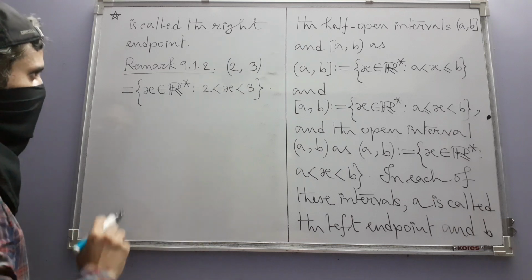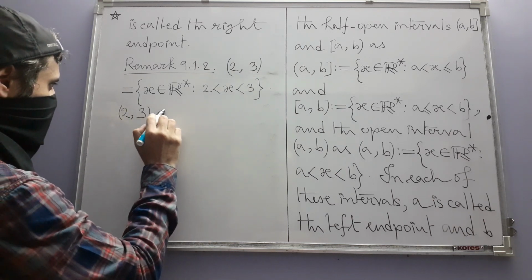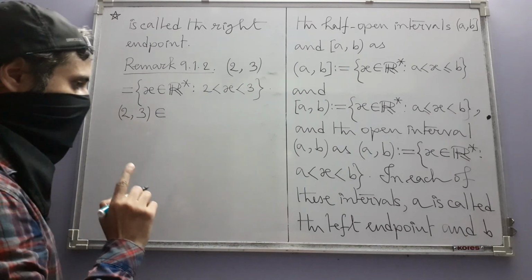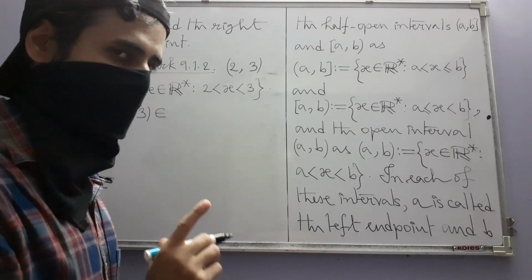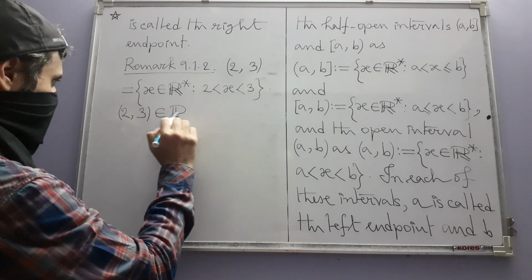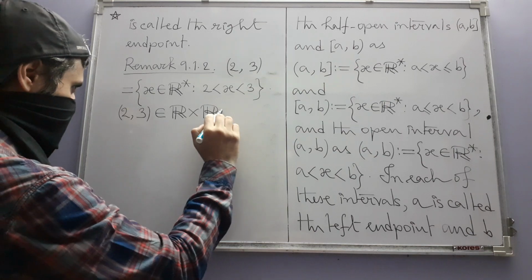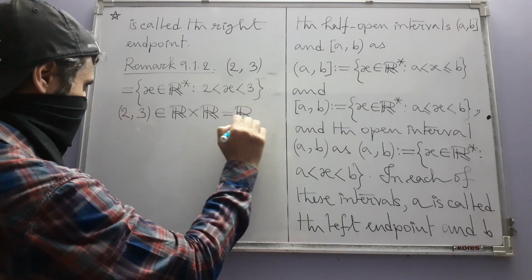But there is another meaning also. It is that this is an ordered pair of 2 real numbers. Those real numbers are 2 and 3. That is, this is an element of this Cartesian product.